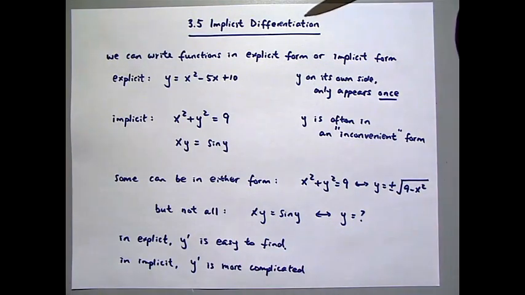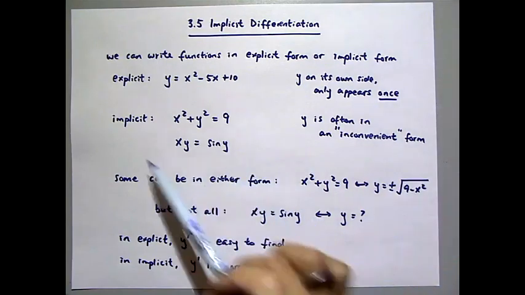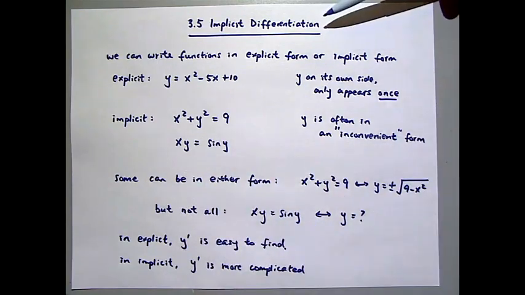Okay, so that's where implicit differentiation comes in. If I have things in the implicit form, the technique allows me to find the derivative of y.